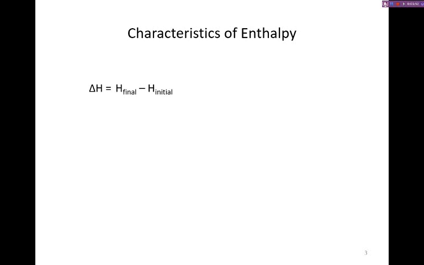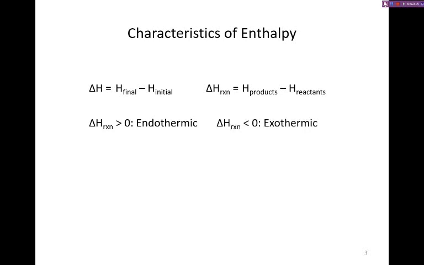This is the same type of calculation we've done before when determining the change in temperature or change in pressure, etc. And the enthalpy of reaction is defined as the enthalpy of the products minus the enthalpy of the reactants. We know that when the enthalpy of reaction is positive, that's an endothermic process. And when it's negative, that's an exothermic process.